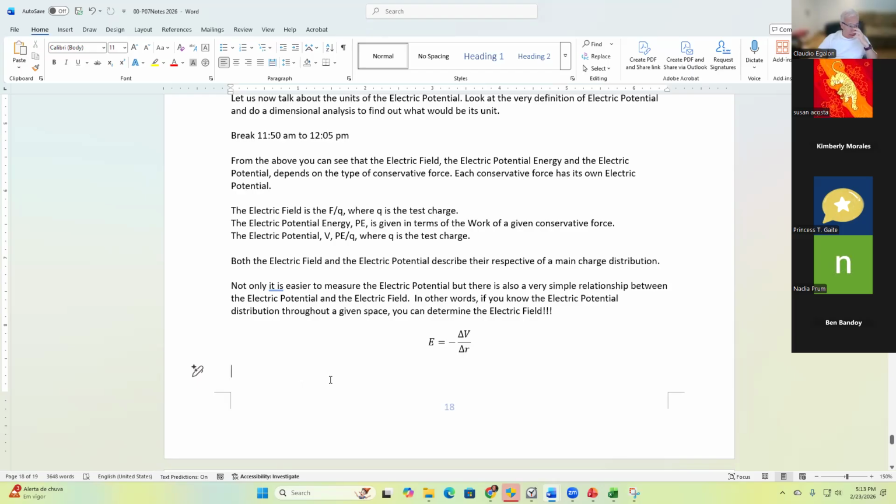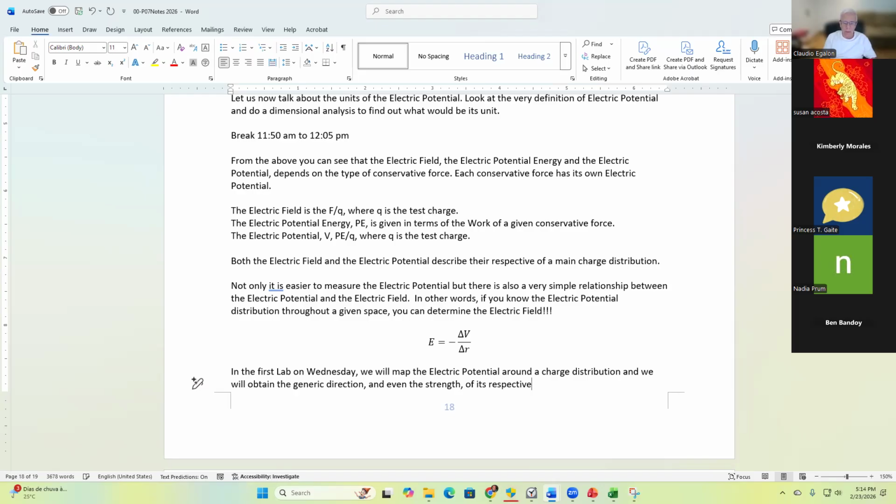And that's what we are going to do in the lab on Wednesday. In the first lab on Wednesday, we will map the electric potential around a charge distribution, and we will obtain the direction and even the strength of its respective electric field.